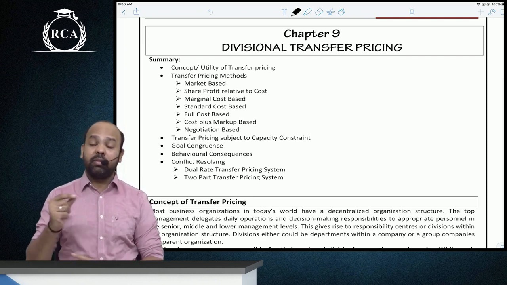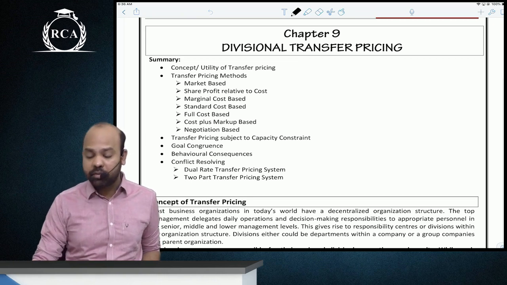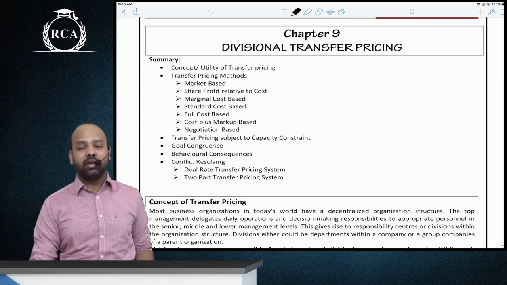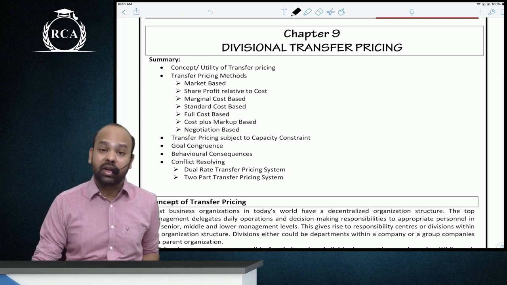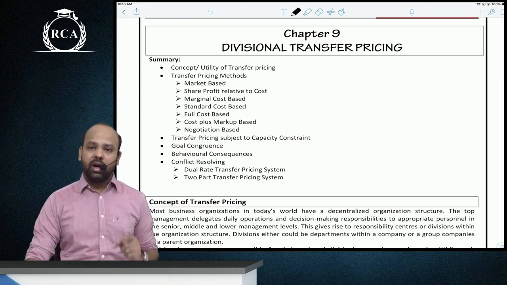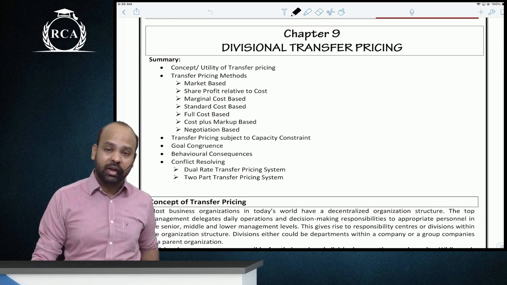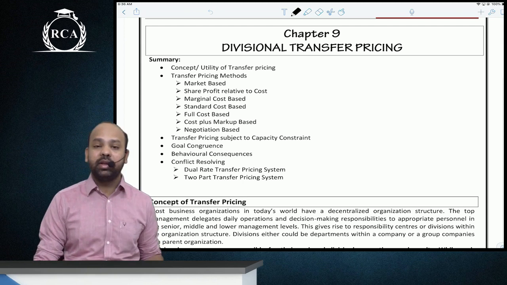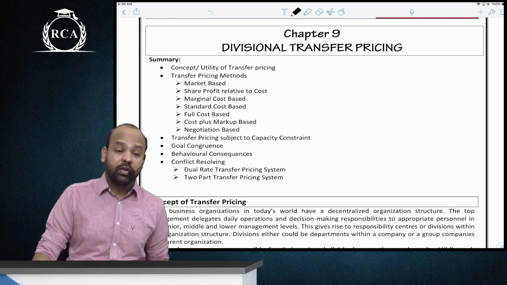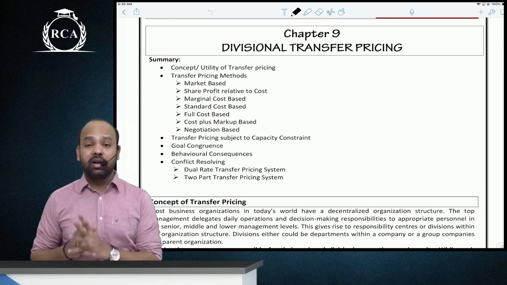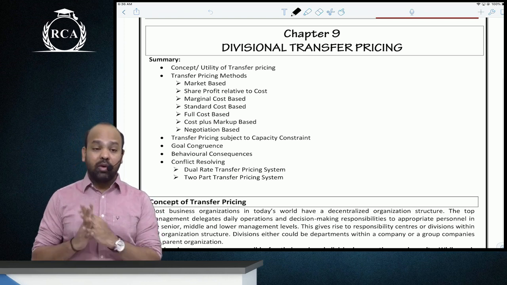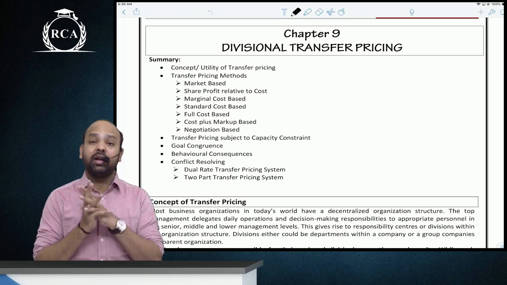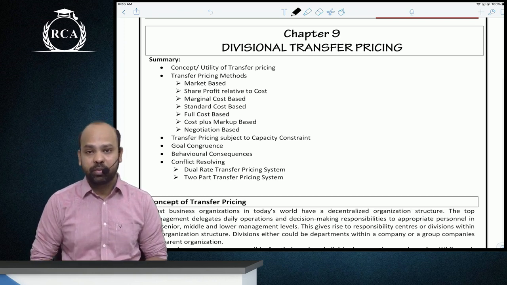When there are transactions occurring between these divisions, a very important concept arises. What is the pricing of the transactions that occur between these divisions? How are these internal transfers priced? This is where divisional transfer pricing comes into the picture.